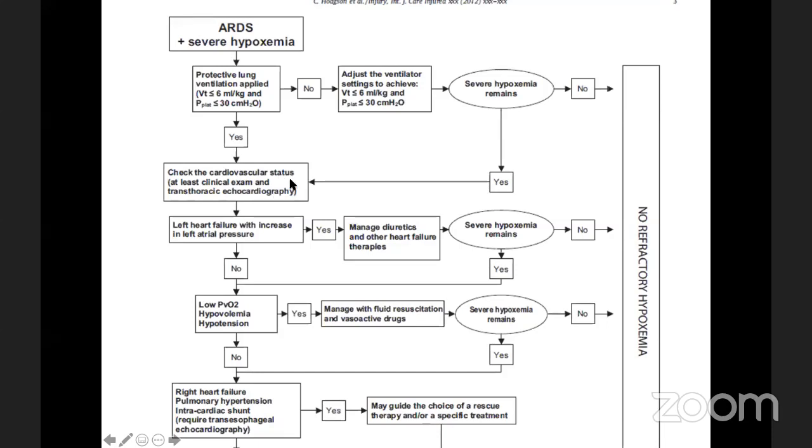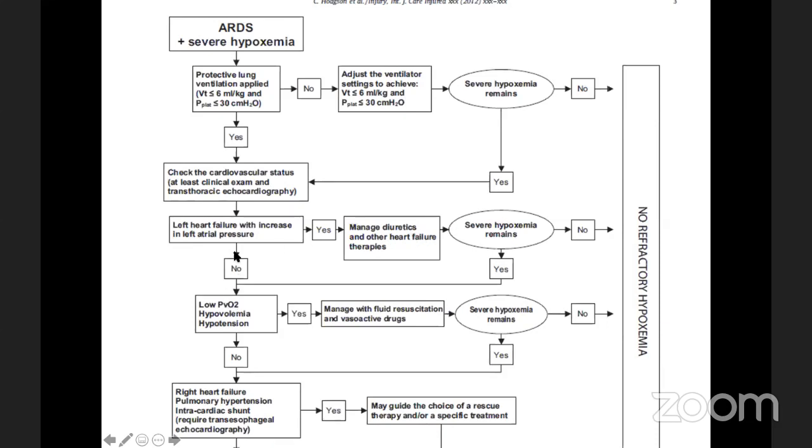Maybe he has heart failure, he needs more diuretics and control. So you will assess for left heart failure and arterial pressure. If yes, there is heart failure, you will give diuretics and reassess.